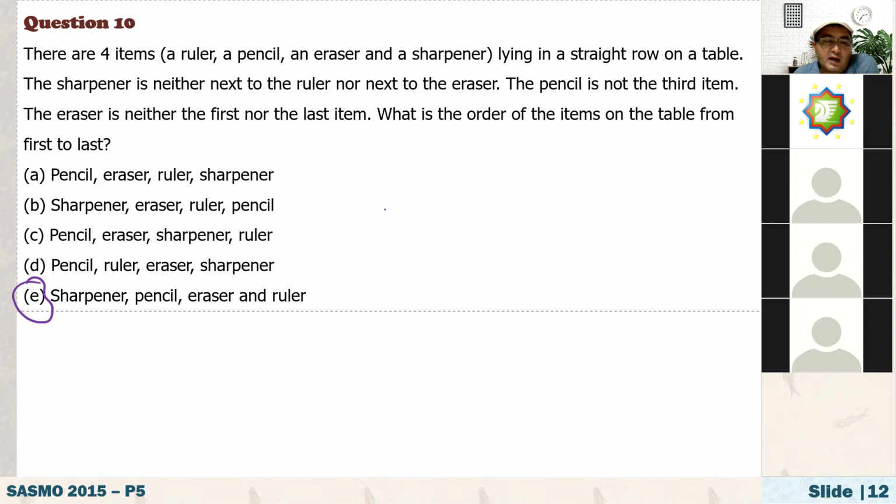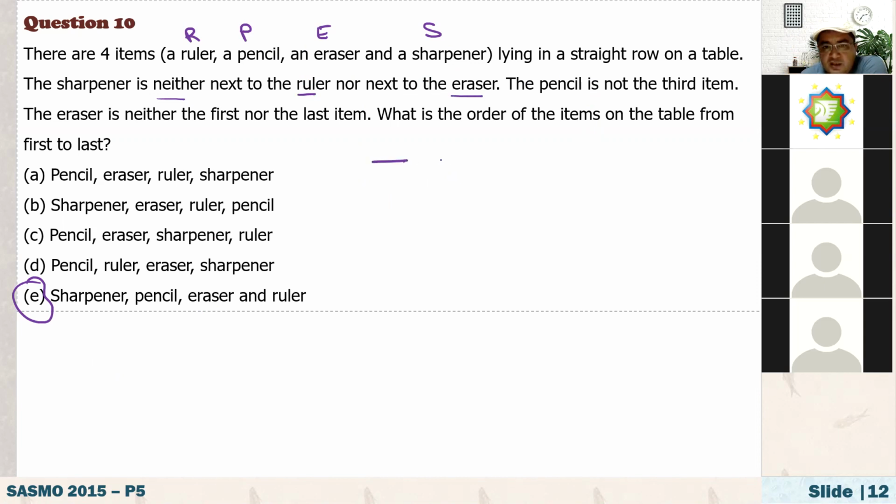There are 4 items: a ruler, a pencil, an eraser, and a sharpener. So let's say ruler, R, pencil, P, eraser, E, sharpener, S, lying in a straight row on a table. And the second sentence says that the sharpener is neither next to the ruler nor next to the eraser.